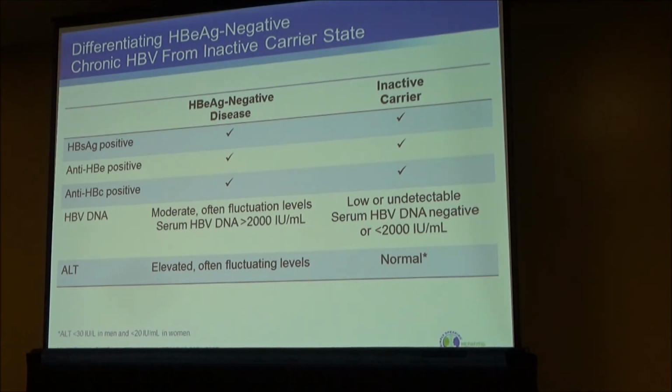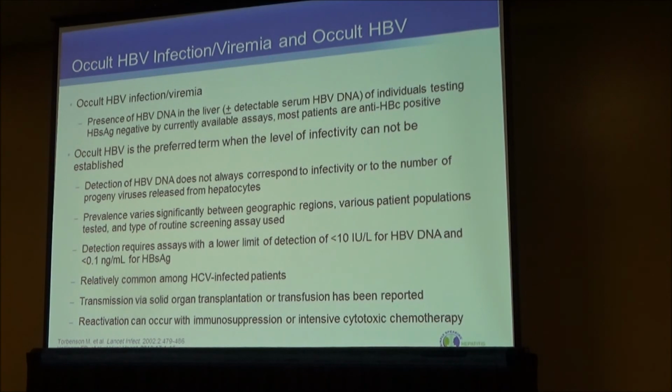And we've talked about how you stratify patients with e-antigen, DNA and ALT to decide what phase they're in. There is something called occult hepatitis B. Surface antigen's gone, core antibody is positive. You can measure viral DNA, find the virus in the blood, even though the surface antigen is negative, in about 7 out of 100 patients, maybe 10 out of 100 patients.